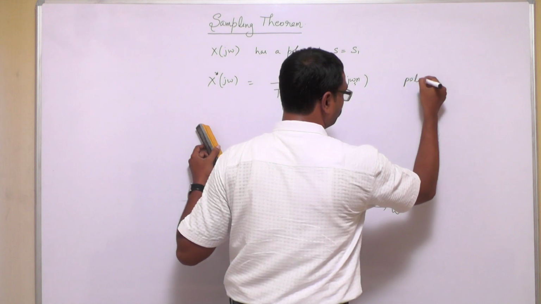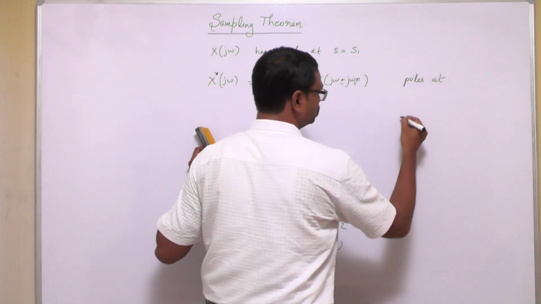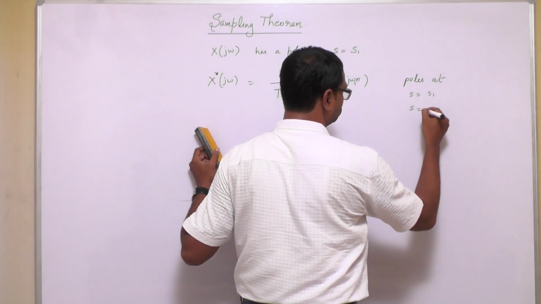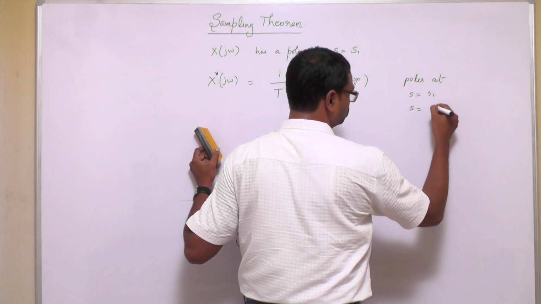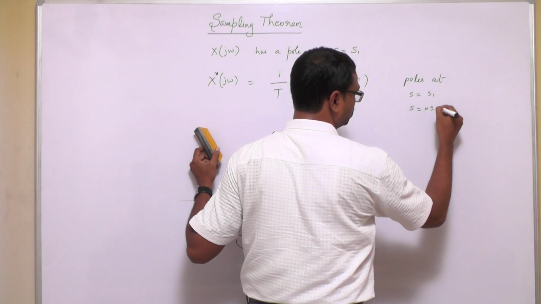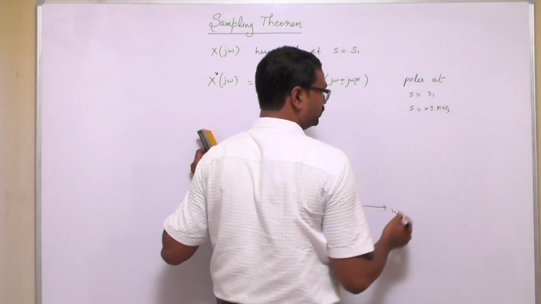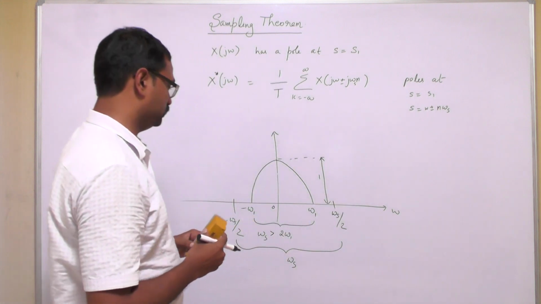poles at s = s1, and s = s1 ± jnωs, and you have n number of poles.